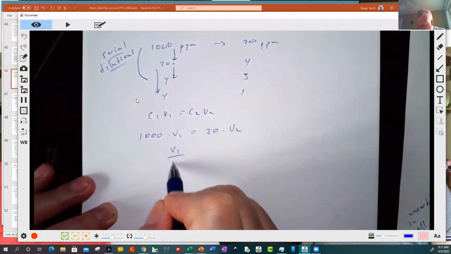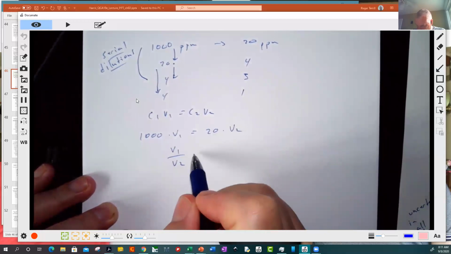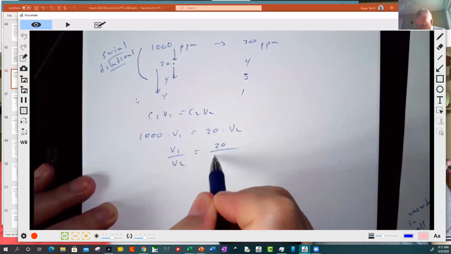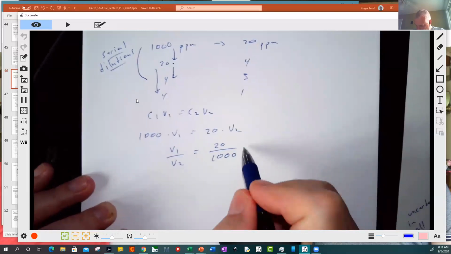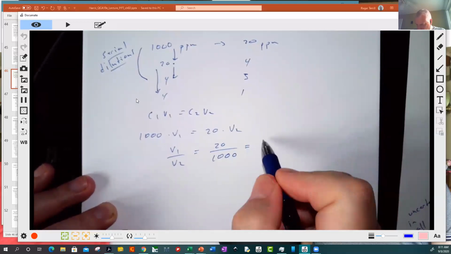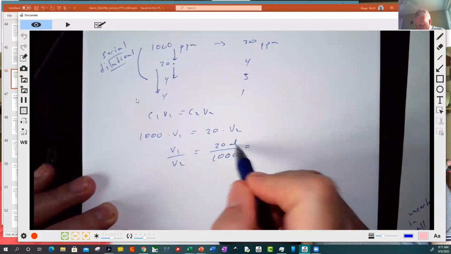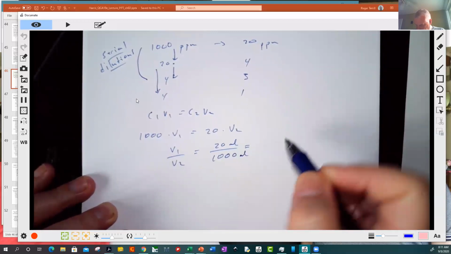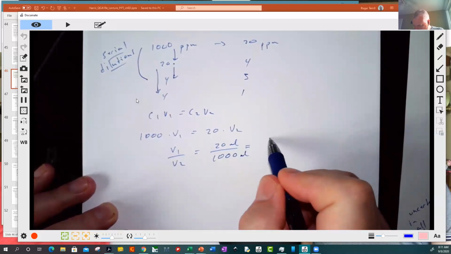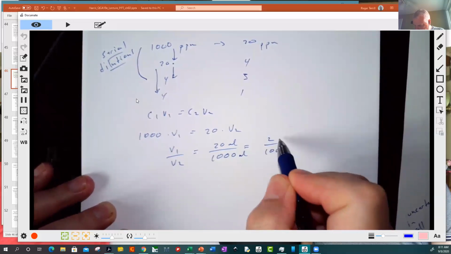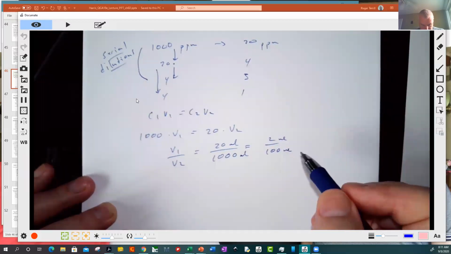So V1 over V2 is going to equal 20 over 1,000, which also happens to equal, in milliliters, 2 over 100.